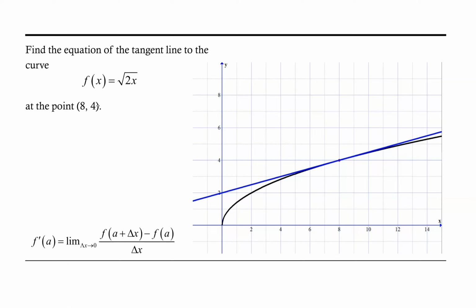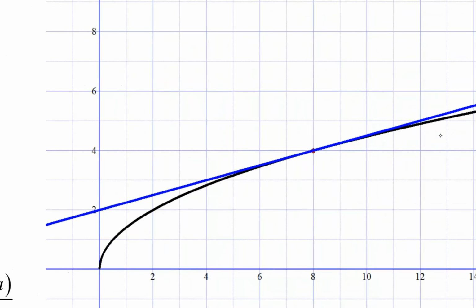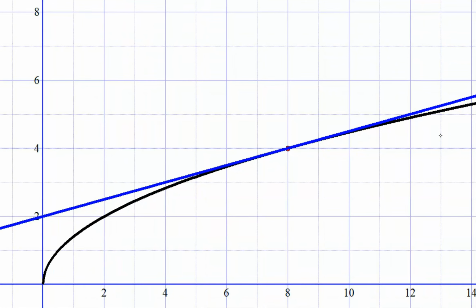So if we look at this graph here, we can see our square root of 2x function above the x-axis. And if we were to zoom in closer and closer to that point (8, 4), we would see that this line in blue only touches the curve in black at that single point.